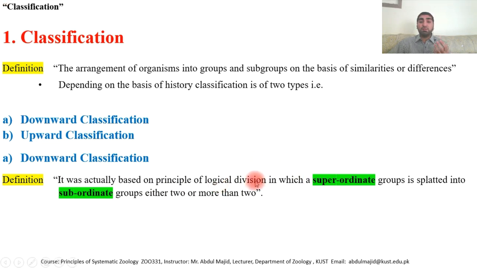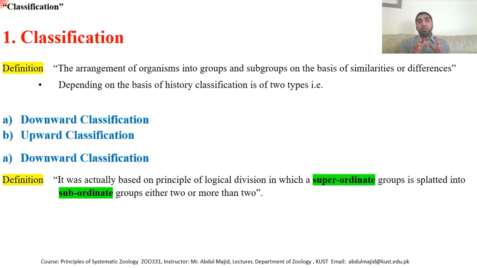It is a type of classification in which a group is split into subordinate groups, either two or more than two. There is a large group which has too many organisms, too many plants or too many animals, and we split this huge group into smaller groups.